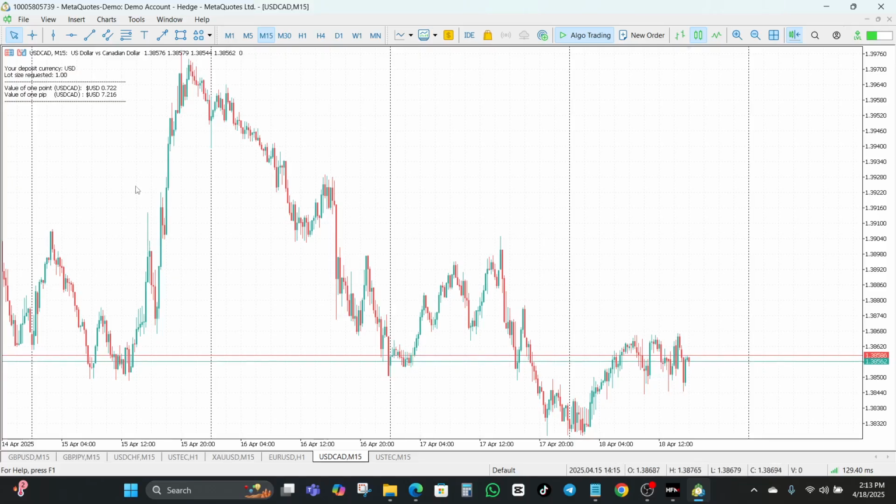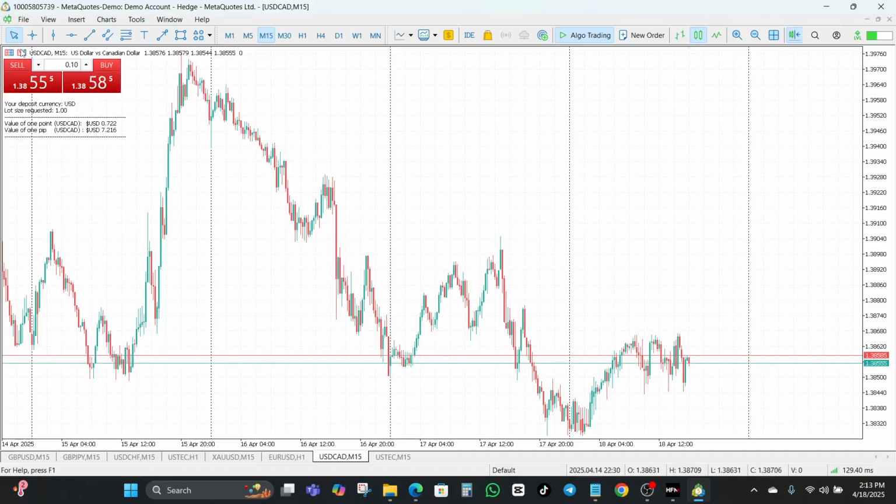Lot size 1.0 is the standard lot size and it represents 100,000 units. A mini lot size, which is lot size 0.1, represents 10,000 units, and a micro lot size, which is lot size 0.01, represents 1,000 units. So choosing the right one depends on your account size and risk tolerance.